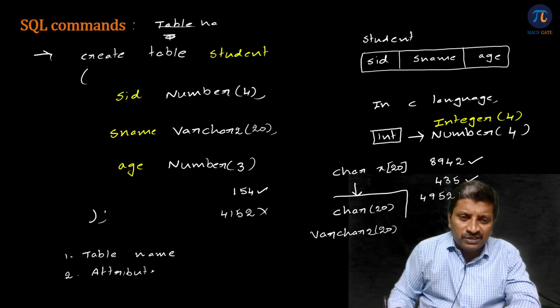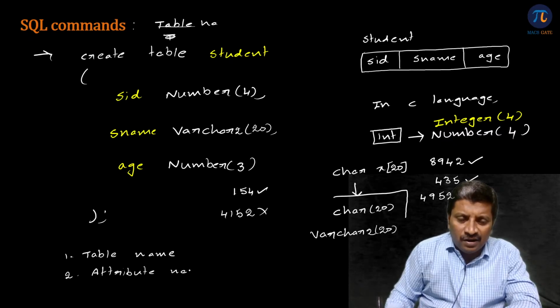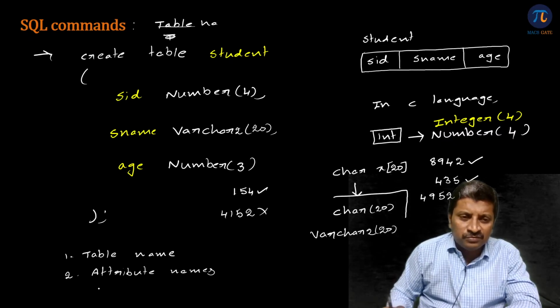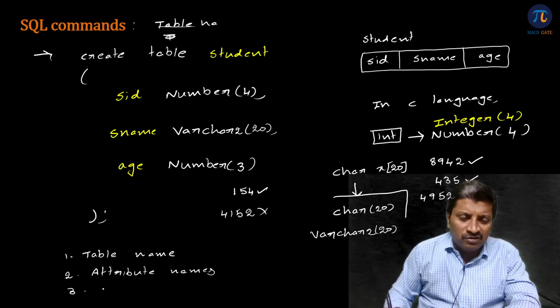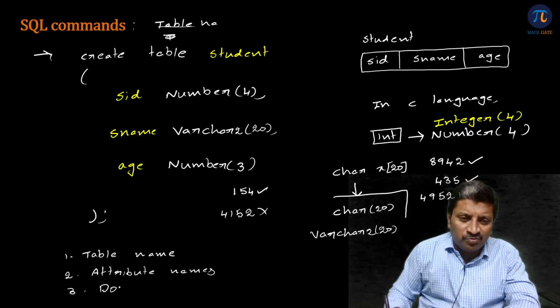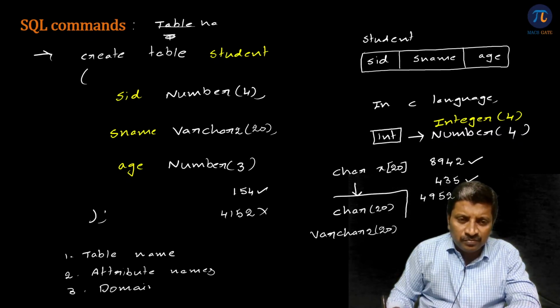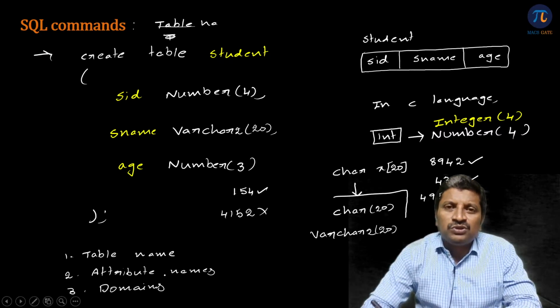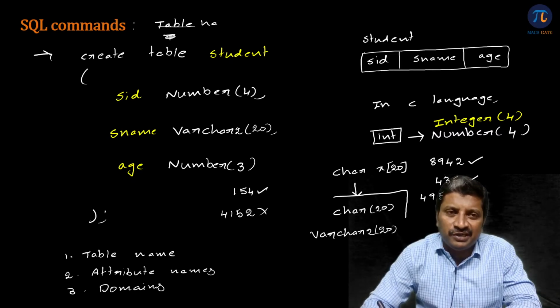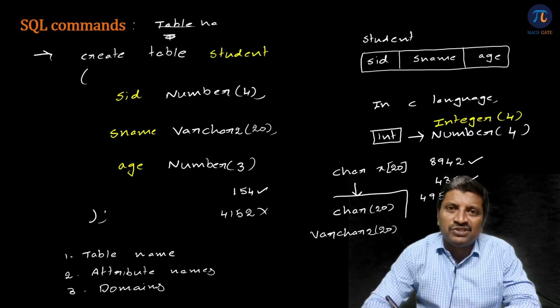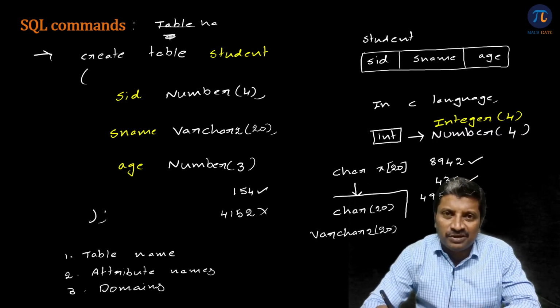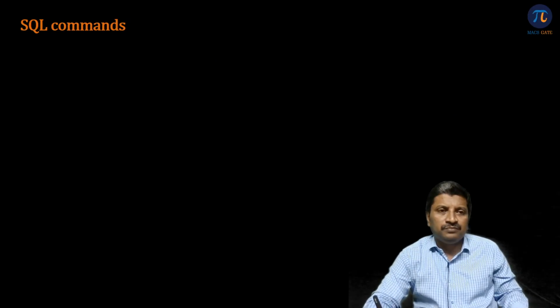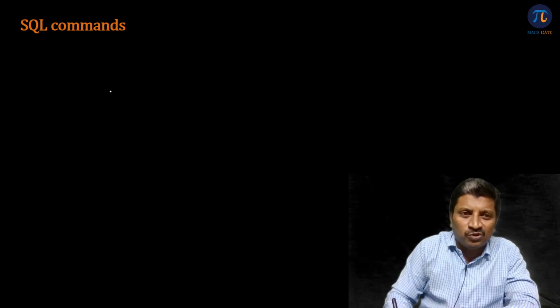The second one is attribute names, and the third one is domains of the attributes. Hope I am clear in these 3. This is decided at the time of creation, and this will decide the schema of the particular relation, which is called relation schema. Is that clear?